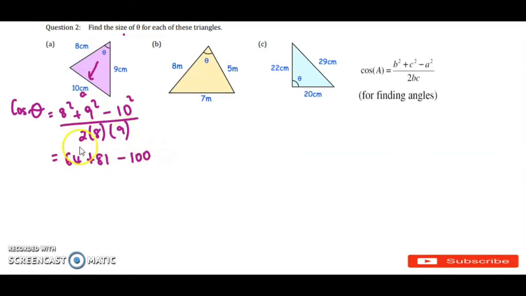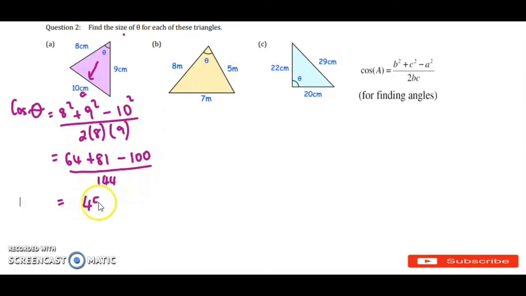You want to do it step by step so you know exactly what it is you're working with. So here we have 2 times 8 times 9, and we have 144. Now we can calculate 64 plus 81, that is 145, and you're going to take away 100, and that is going to leave you with 45.